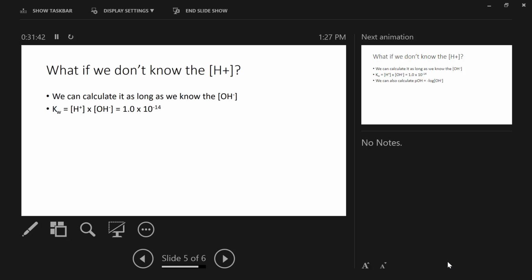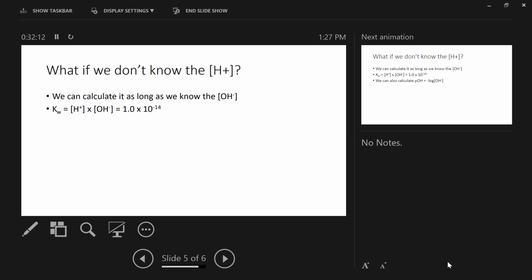It's not a variable like x that could be anything. It has some value, and this value is 1.0 times 10 to the negative 14th power. And so if we know that the hydrogen ion concentration times our hydroxide ion concentration is equal to 1.0 times 10 to the minus 14, how do we solve for this?